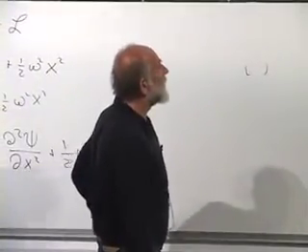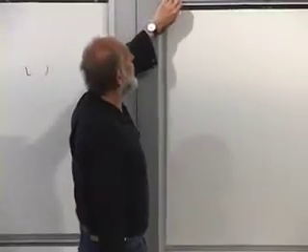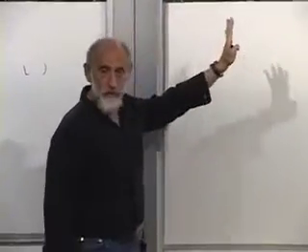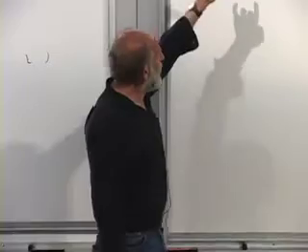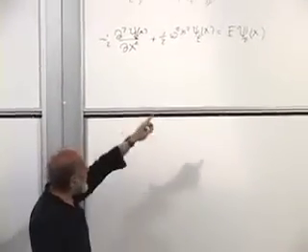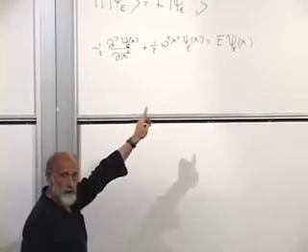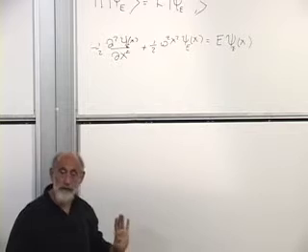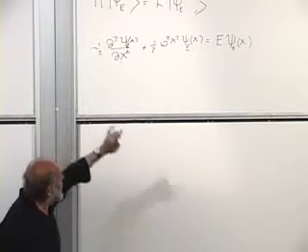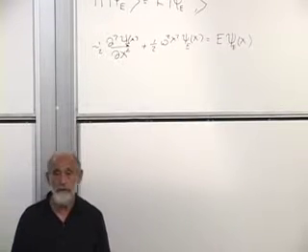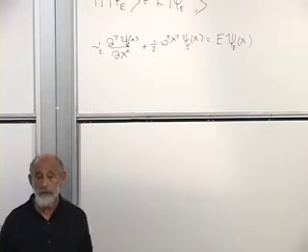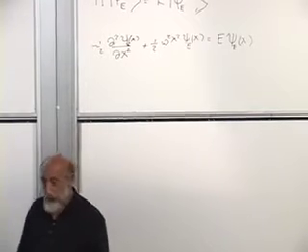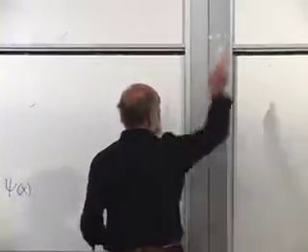All right, I will tell you what happens when you start looking for solutions. If you start solving this equation, you will find out that when you solve it for energy E, when you solve for psi of x, you essentially find two solutions. Anybody know why you find two solutions for an equation like this? Because it's second order, because it's a second order differential equation. It has second derivatives in it.